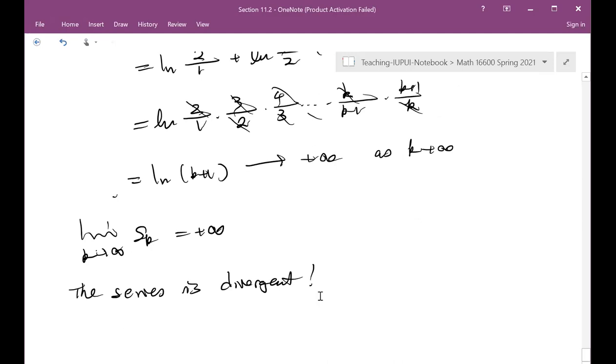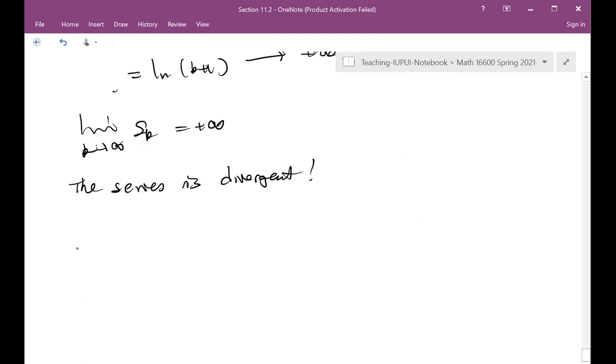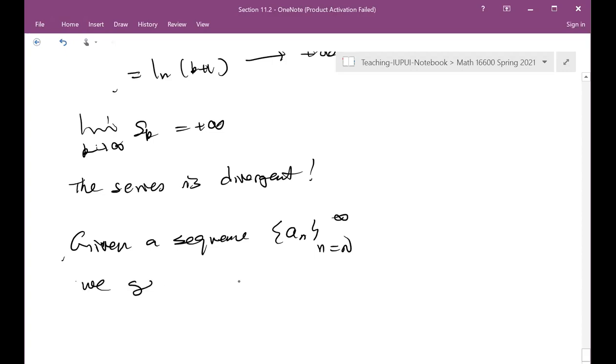There's a difference between a series and a sequence. Given a sequence, you add all the terms together and you get a series. When you're talking about a series, you have to make sure the limit of the new sequence is convergent. So given a sequence, we get a series, which is a sum of these terms.